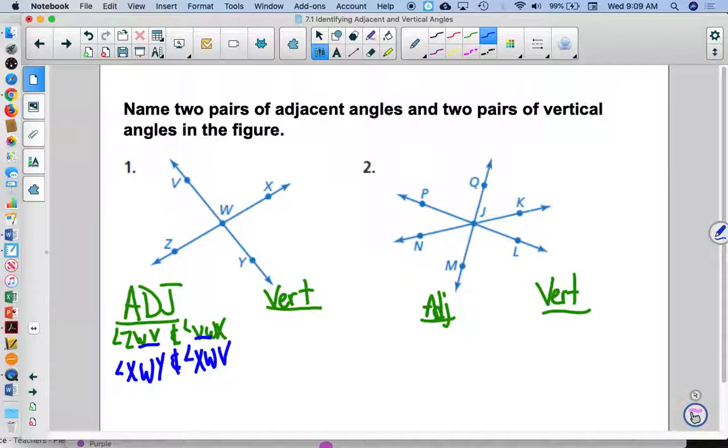Typically we wouldn't say those are opposite each other, but yet they are opposite straight angles. I've never seen anybody use that as a set of vertical angles though, and I need to double check whether that's even possible. I've never seen it used that way, and so I'm thinking there's a reason why not. Okay, and I'll look that up for you. But with that being said, can you give me another pair? Because you had to have two.